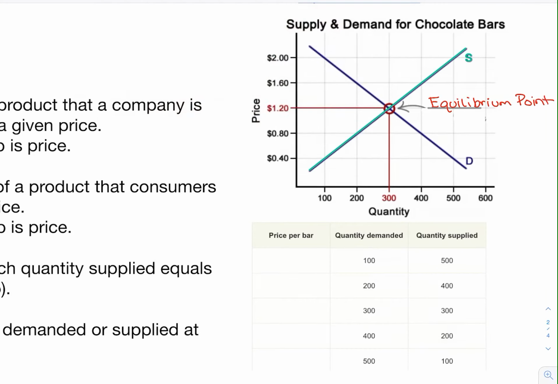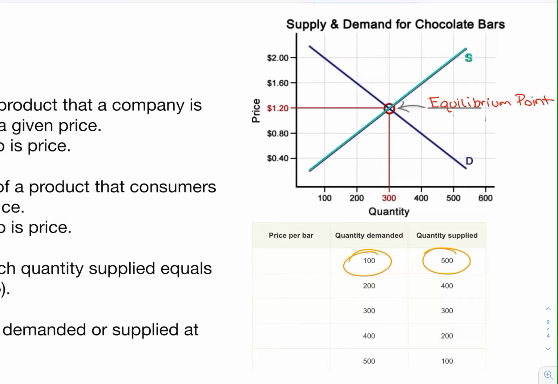And let's take a look at what happens here. Let's do the first part of the chart here. Let's say that, and these are, by the way, chocolate bars. So supply and demand functions for chocolate bars. Let's say that the consumer wants 100 chocolate bars.